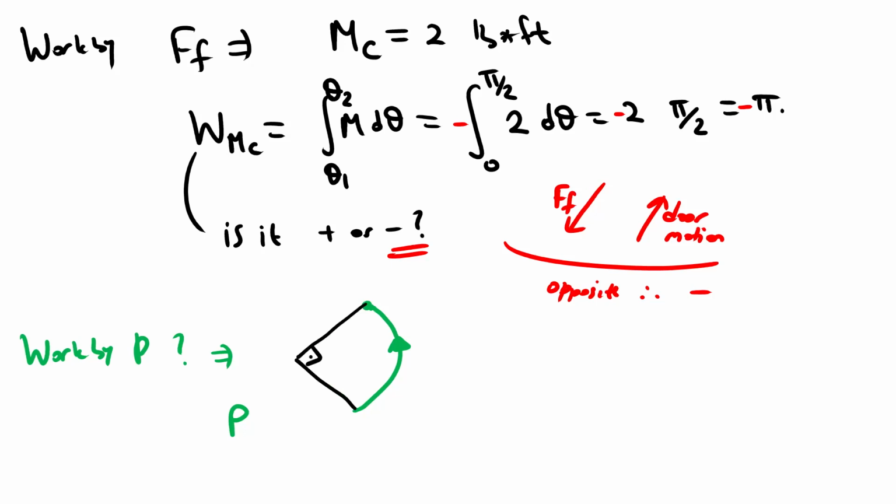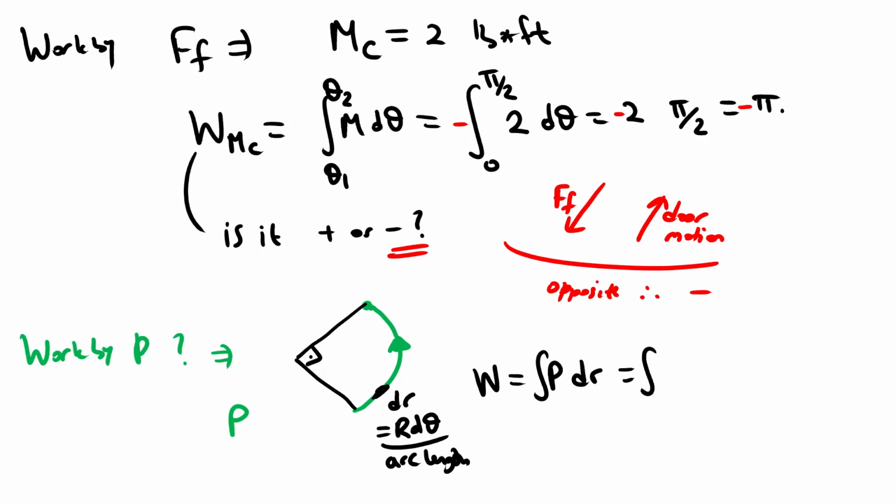To find it, we know that the work by P will be P dr, and this is the dr. That distance is dr, and that distance is r times dθ. This is the arc length or segment length. The P value is constant.